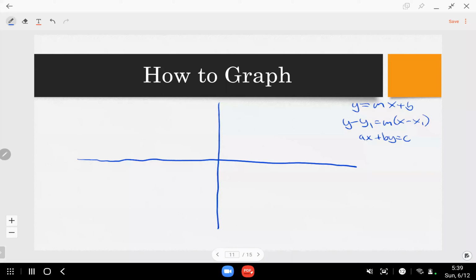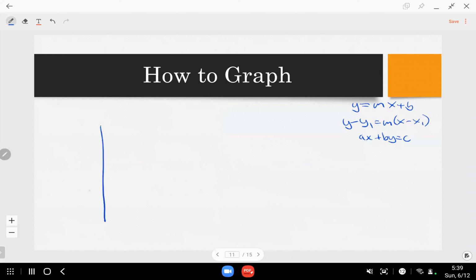All right. So let's do this. Okay, so who can help me with how to graph? Let's actually make three coordinate planes. All right.